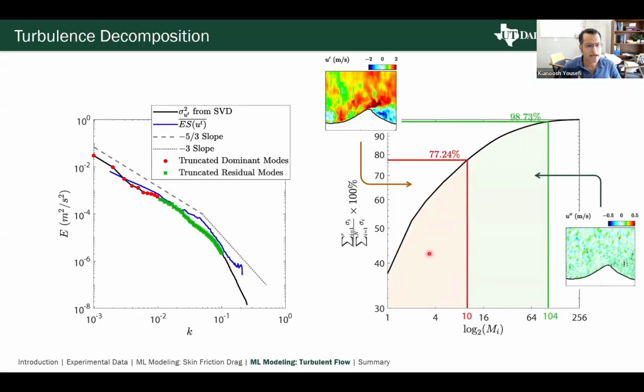Modes 10 to 104, which is around 21% of my energy, we characterize as smaller scale turbulence. And this characterization is not random. We use a definition of Gaussian turbulence to define our smaller scale turbulence and separate it from the larger scale. I'll show that in the next slide.